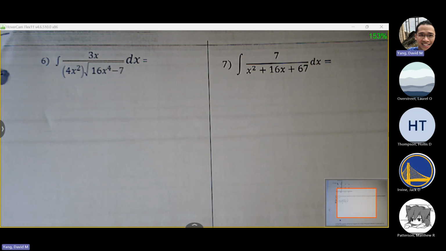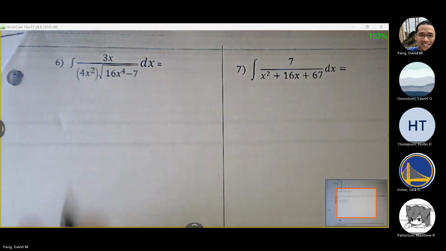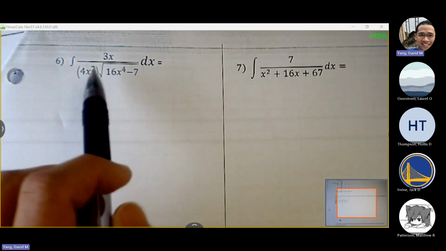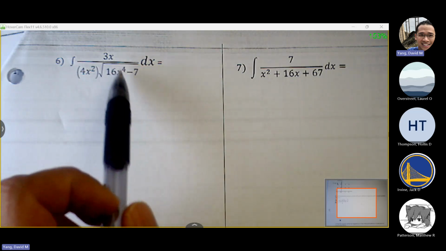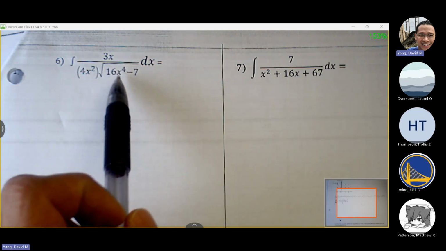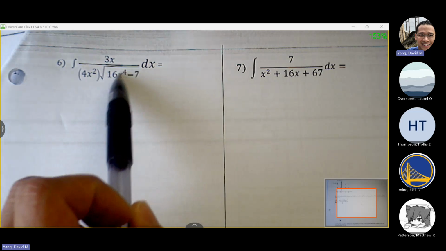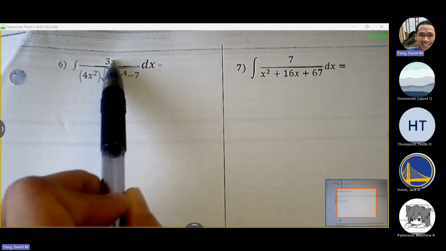All right, page 15. So from the very beginning, we should be able to spot that this is probably going to be one of our trig rules, because you see how there's a degree 4 and degree 1.